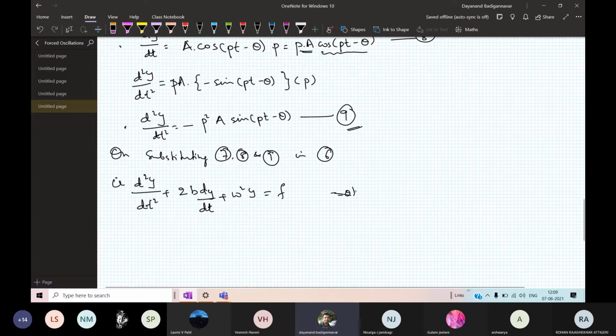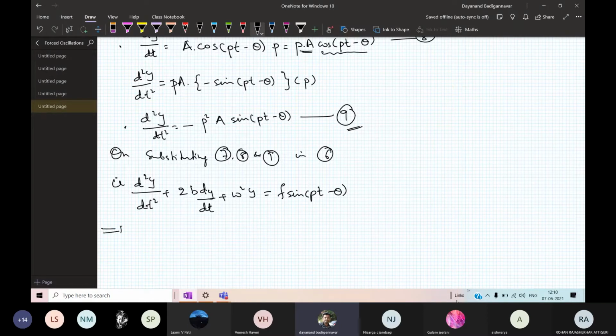You write this as it is, f into sine of pt minus theta. Now here first, what is d2y by dt square? It is equation number 9.